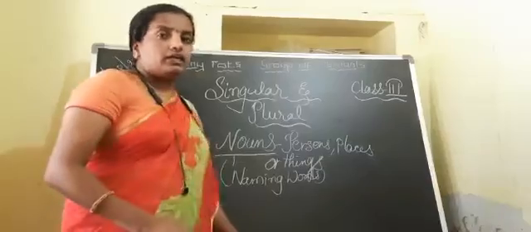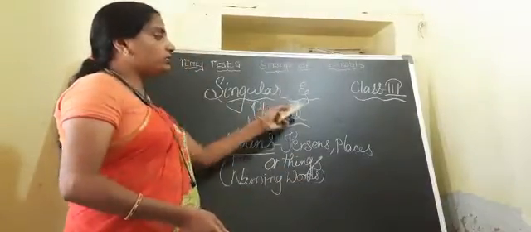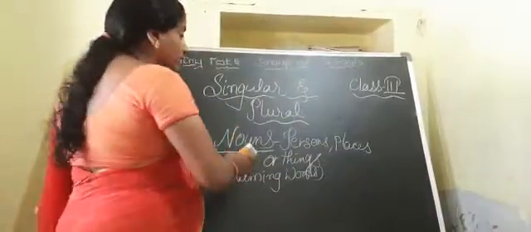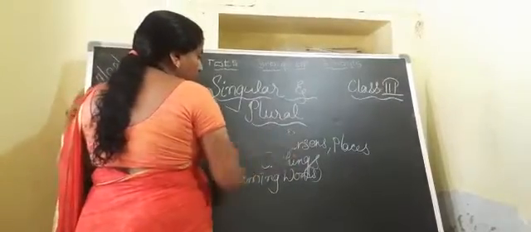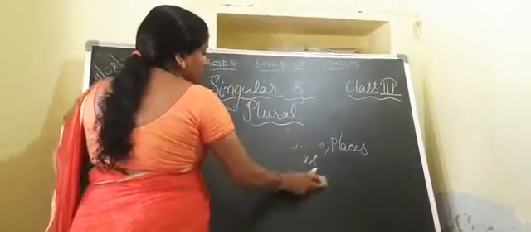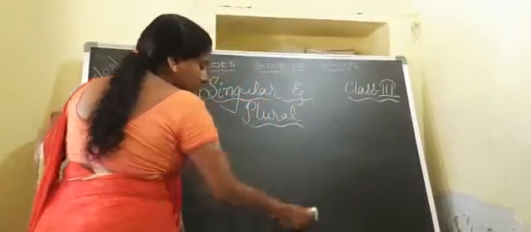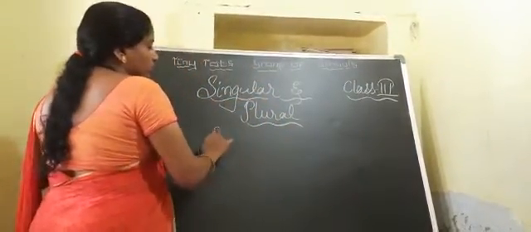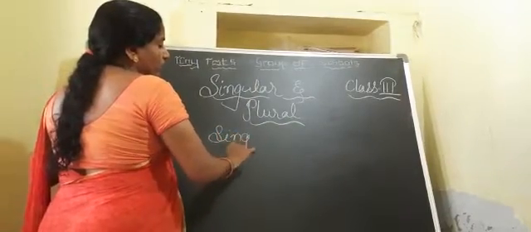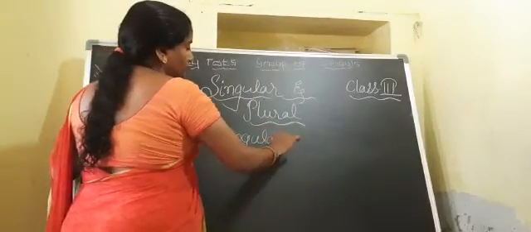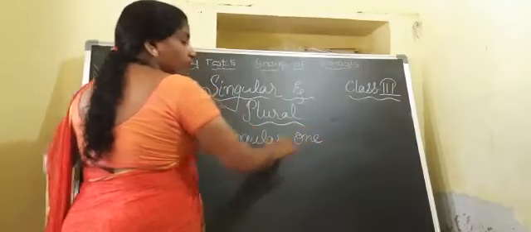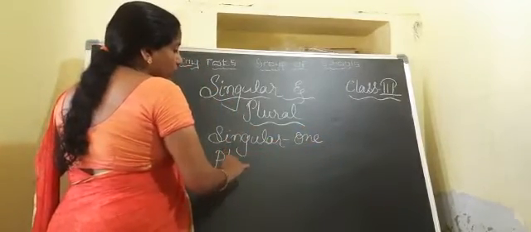So today, children, we are going to learn about singular and plural. See, children, what do you mean by singular? Singular means one and plural means more than one. Singular denotes one. Plural means more than one.